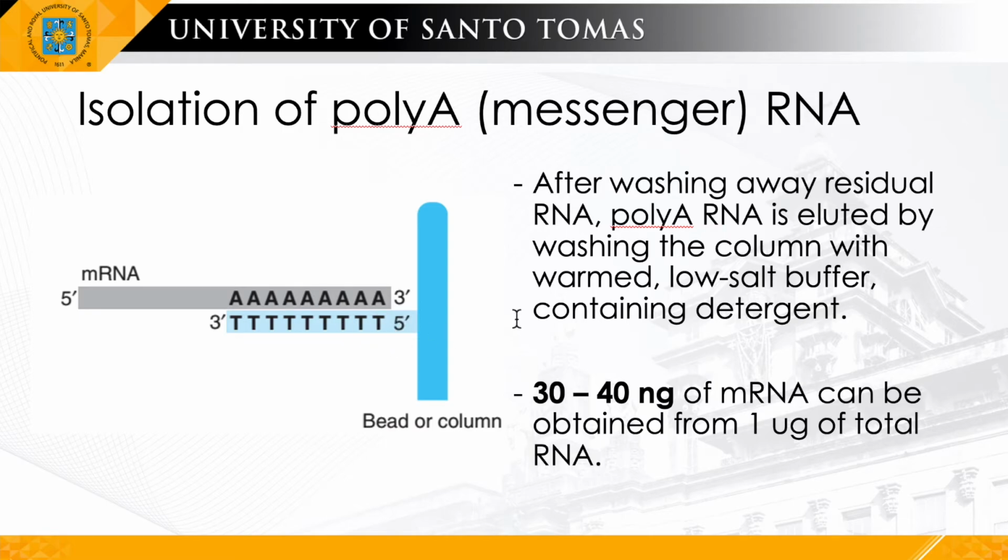After washing away the residual RNA, polyadenosine RNA is eluted by washing the column with warm low salt buffer, as I mentioned, which has detergent, and we're able to obtain around 30 to 40 nanograms of the mRNA from 1 microgram of the total RNA.